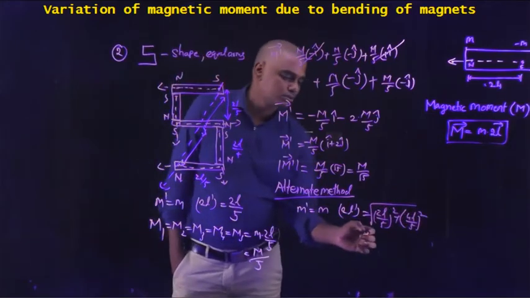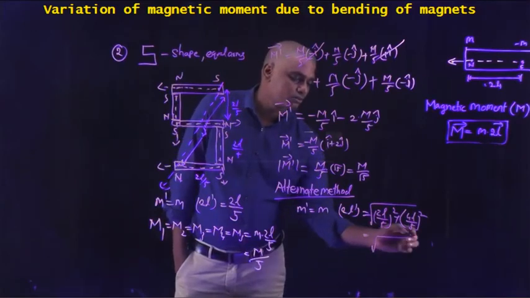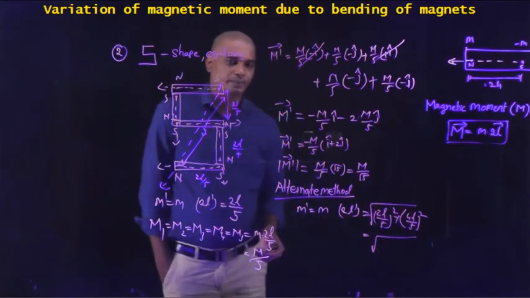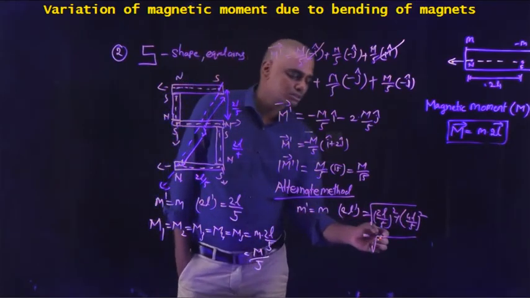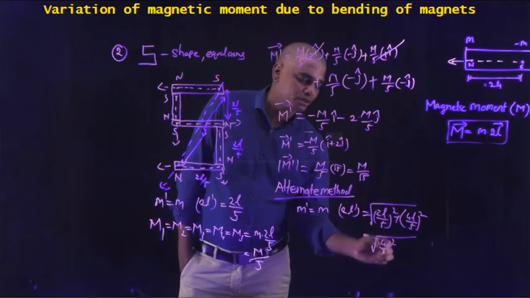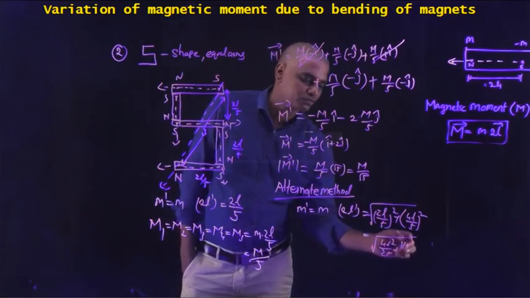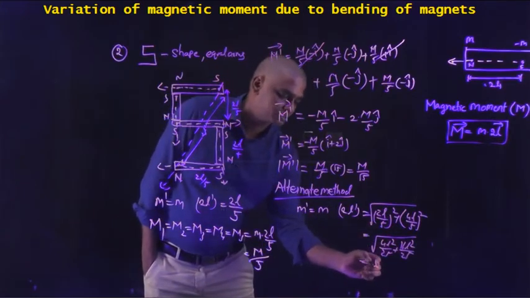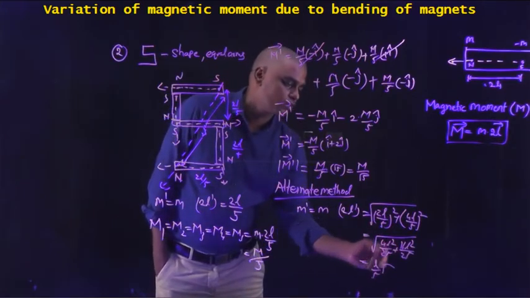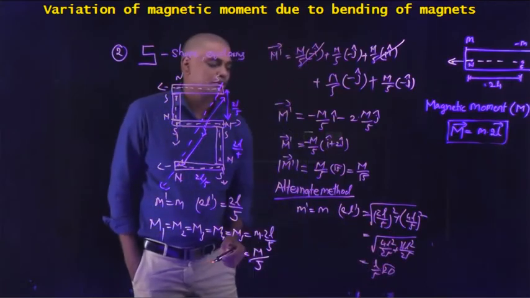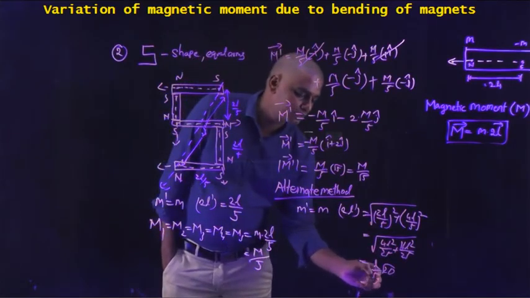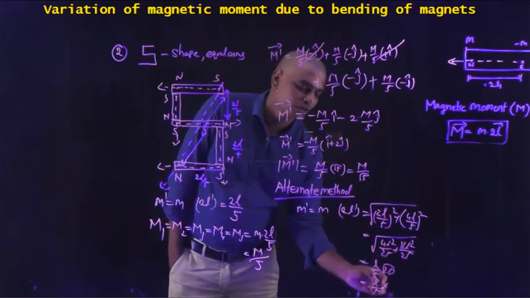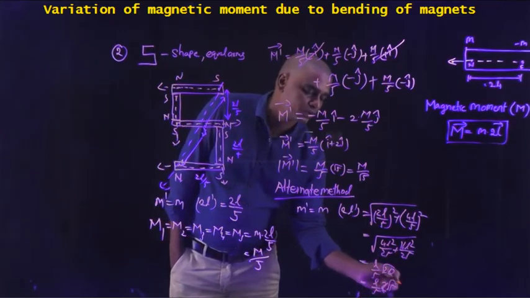So that is equal to root over 4L square by 25 plus 16L square by 25, that is L by 5 into root over 4 plus 16, that is 20, which can be written as 4 into 5, therefore 2 into root 5.